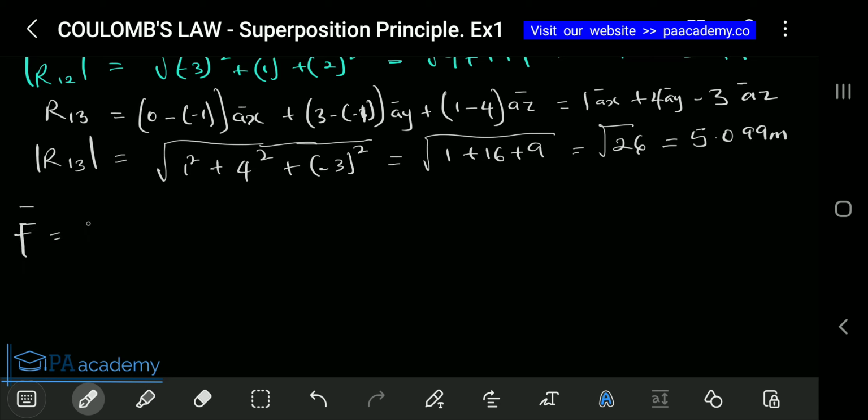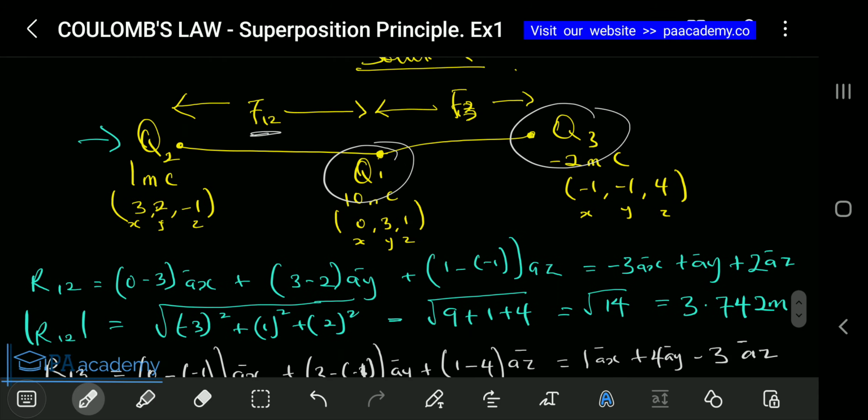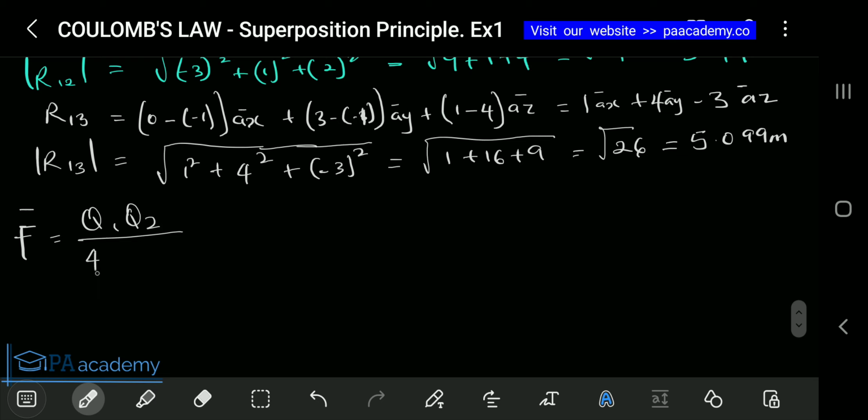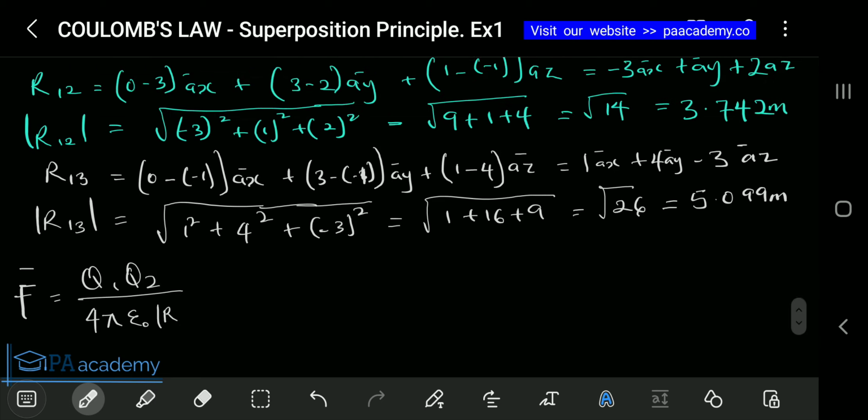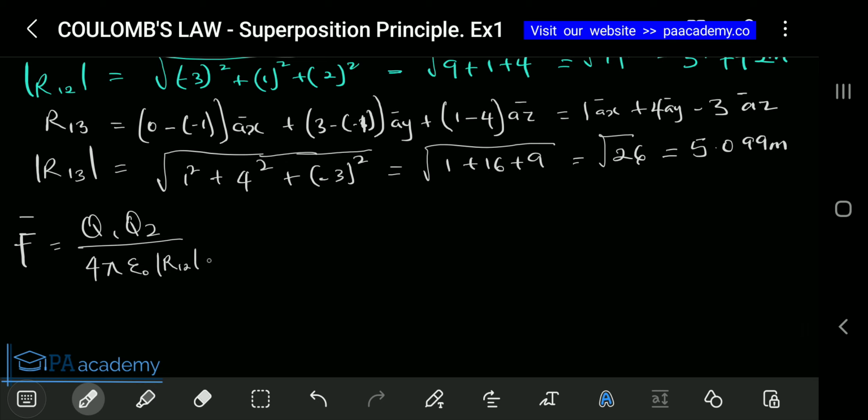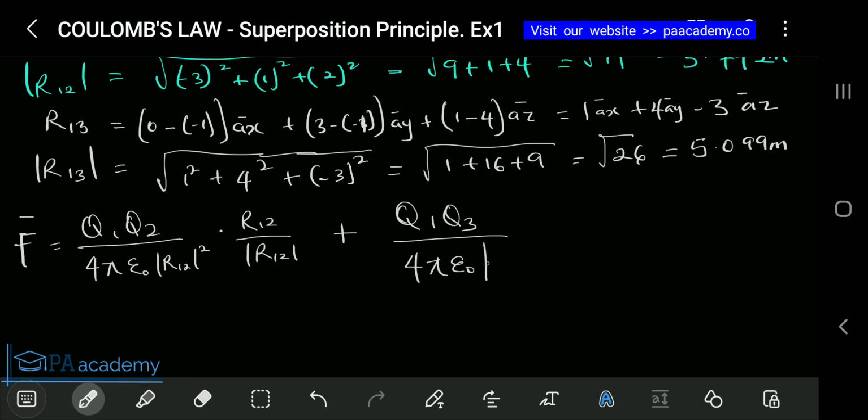To calculate the force, it is Q1 Q2 over 4 pi e naught multiplied by the magnitude of r12 squared, multiplied by the unit vector r12 over the magnitude of r12, then plus Q1 Q3 over 4 pi e naught multiplied by the magnitude of r13 squared, multiplied by the unit vector r13 over the magnitude of r13.